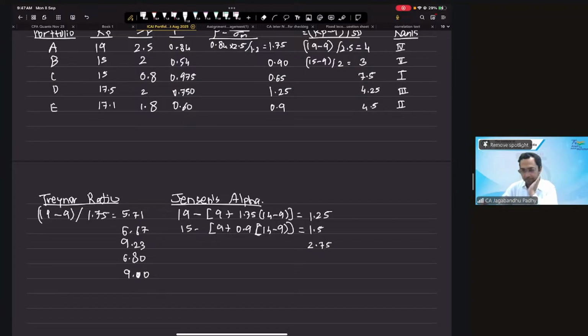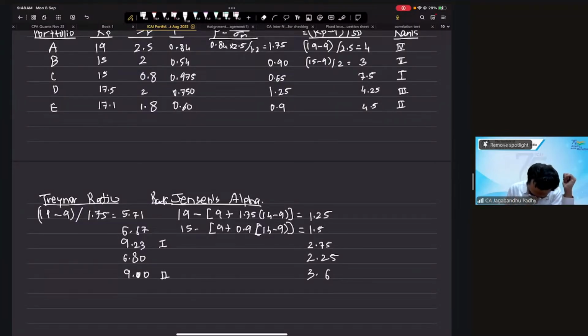Then 2.25. Then 3.6. Okay. So if you want to just give a rank based on Treynor, the first rank will be 9.23.